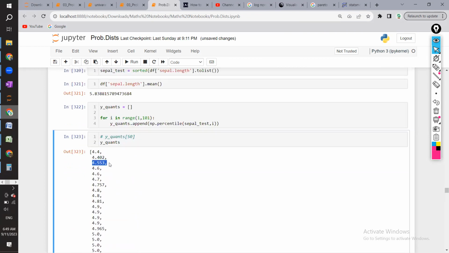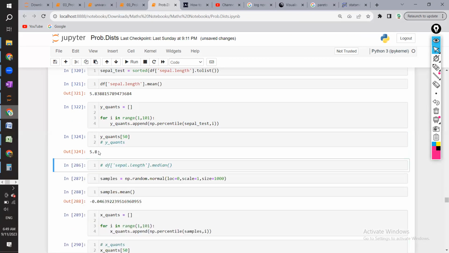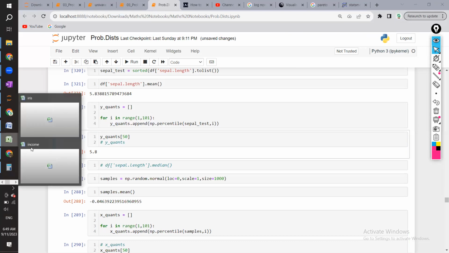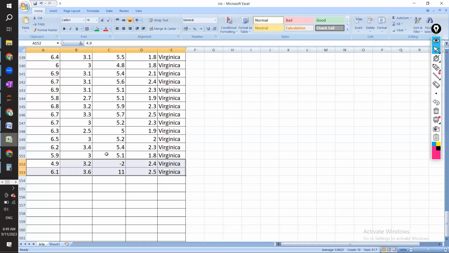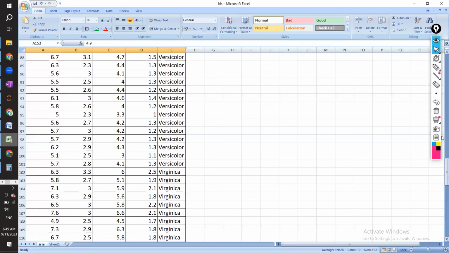And this is the 50th percentile, 5.8. Okay, 5.8 is the 50th percentile. That means what? It is the median. Agree? Do you remember those concepts? Median.